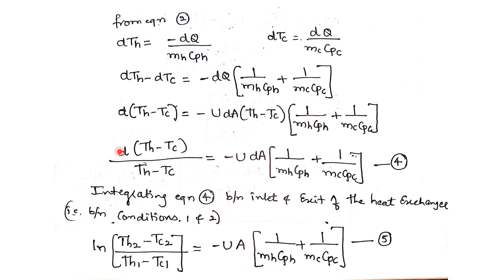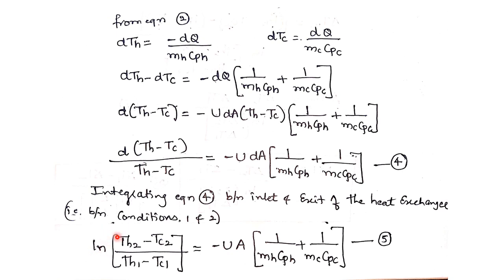So if I integrate this equation between the limits, inlet and exit of the heat exchanger, I am going to get this term. If I consider TH minus TC as x, then this equation becomes dx divided by x, and the integration of dx by x will be log x.